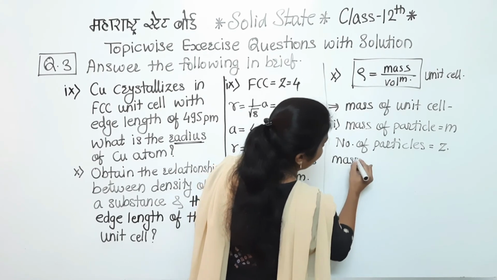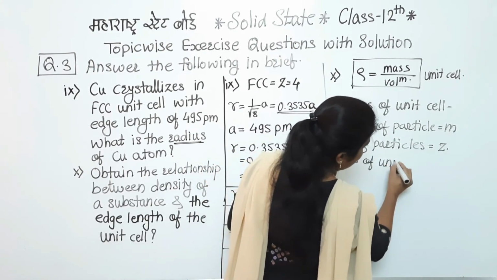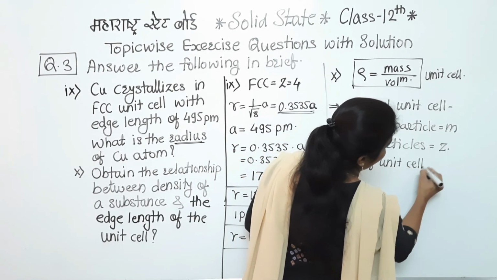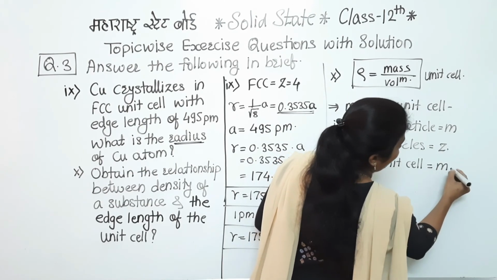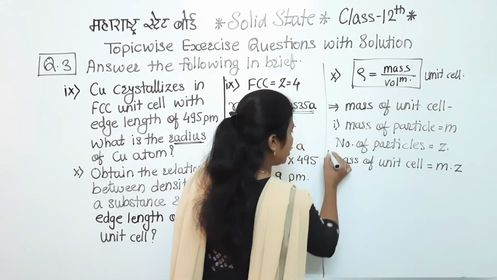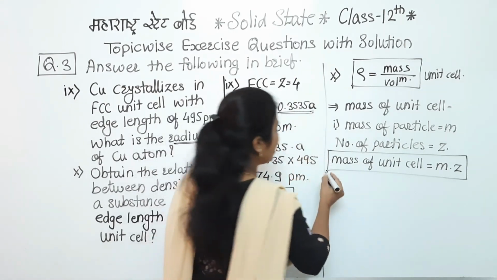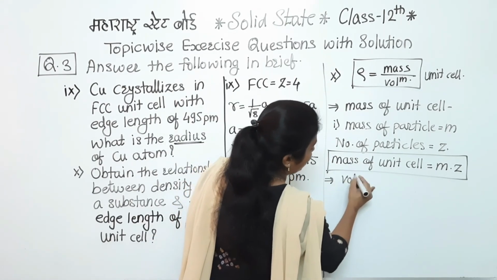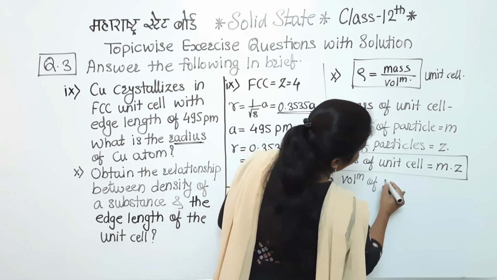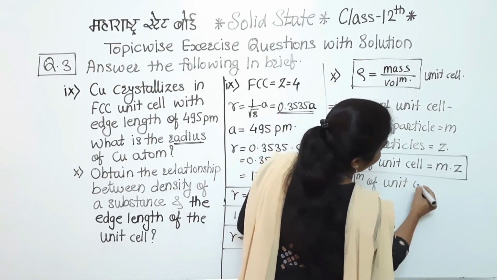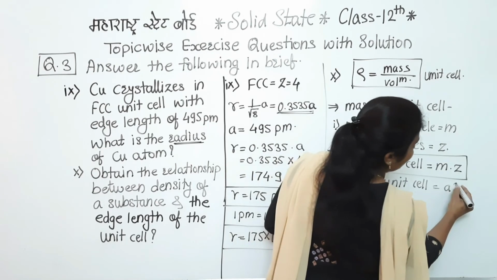So mass of unit cell is equal to m into z. So we have to use this mass in the formula. Second term is the volume. Volume of unit cell is nothing but a cubed.